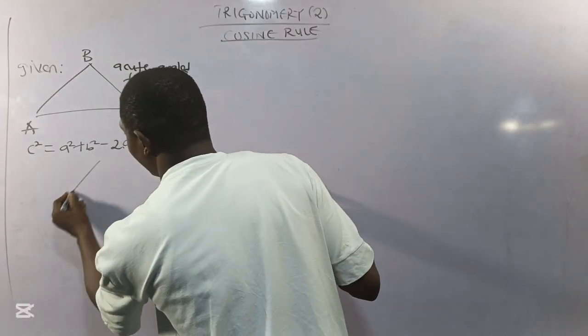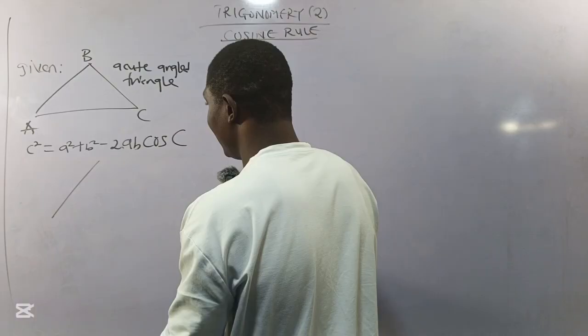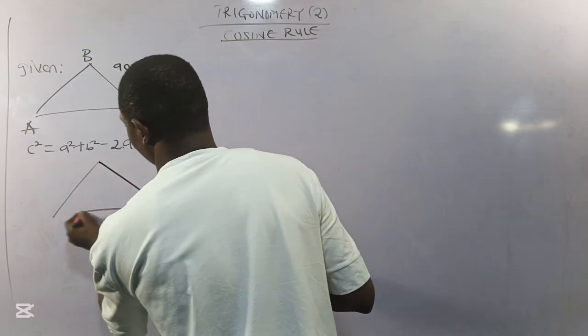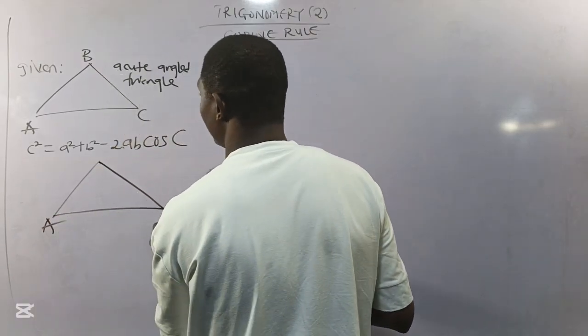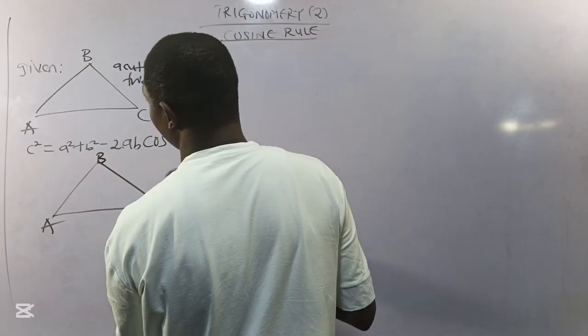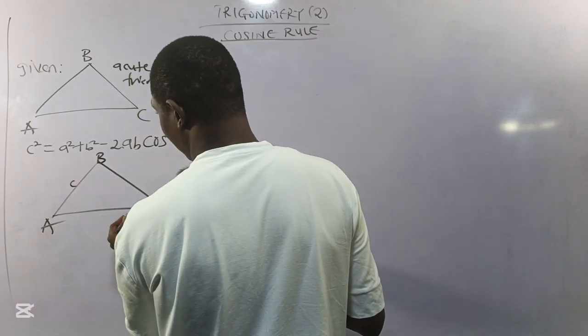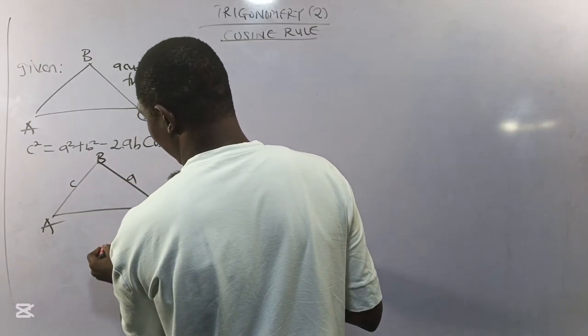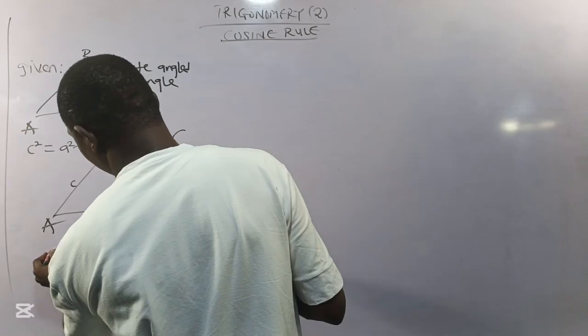Now let's redraw the triangle and put some salient points. So this is my A, this is my B, and this is my C. This becomes small letter c, small letter a, and small letter b.